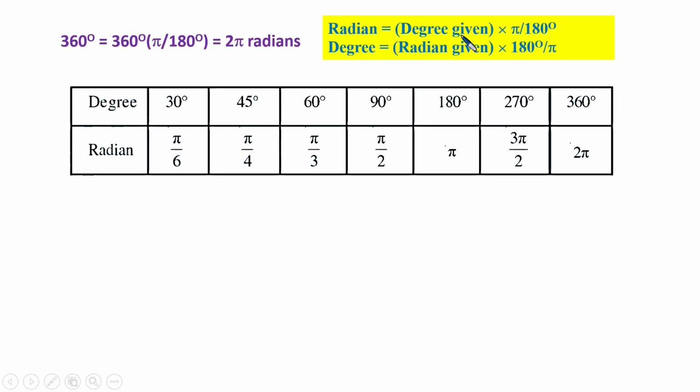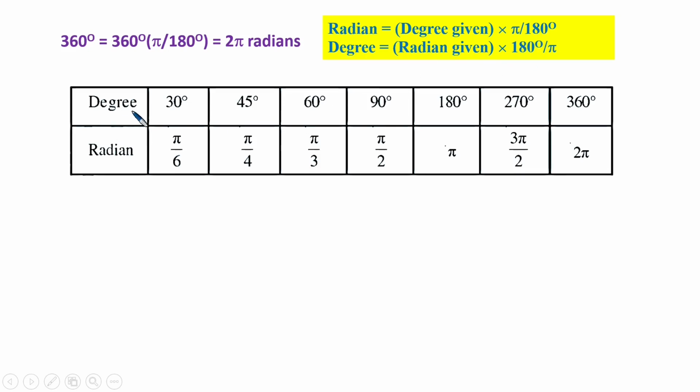How to remember this? This is radian, so this is degree and this degree will get cancelled. So this 180 degrees has to be in the denominator, so you will have radian, the same unit as the left hand side. And here degree is there. So if you have radian and you want to convert into degree, again you put this pi radian here, so radian and radian will cancel and you will get degree. This is how to remember. Just go through it and try to justify it yourself.